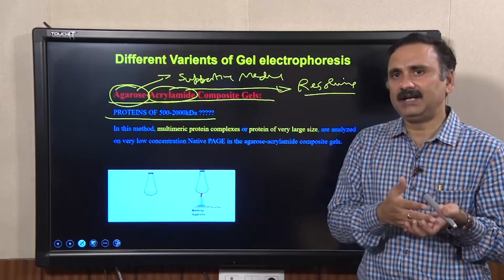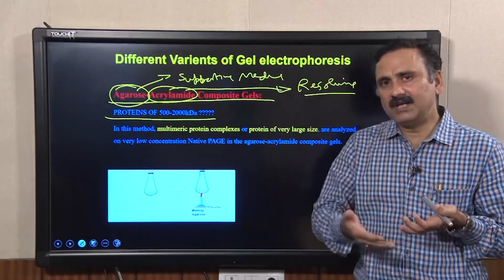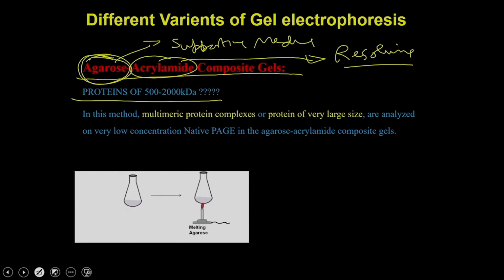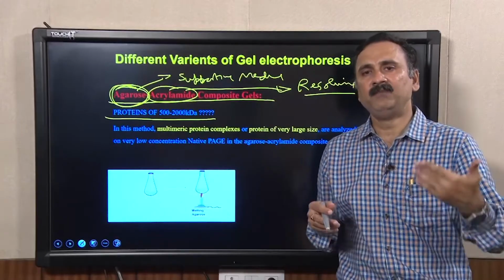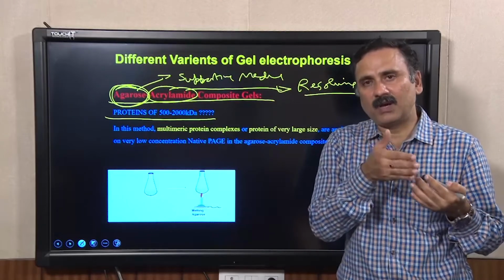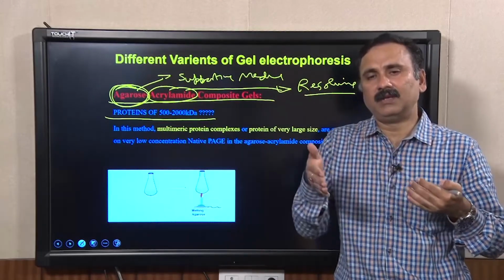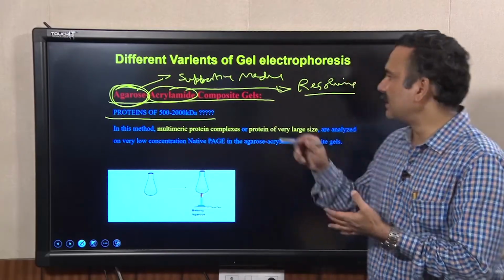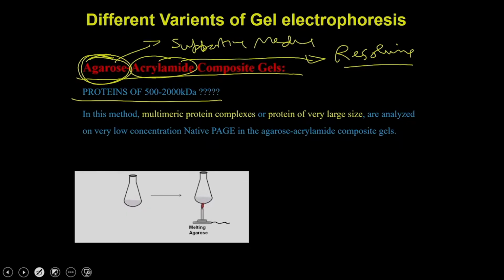To avoid that and to provide strength to the system, you simply add a small quantity of agarose, and that gives you strength so that post operations are easy, whereas the acrylamide is still the material used for resolving.